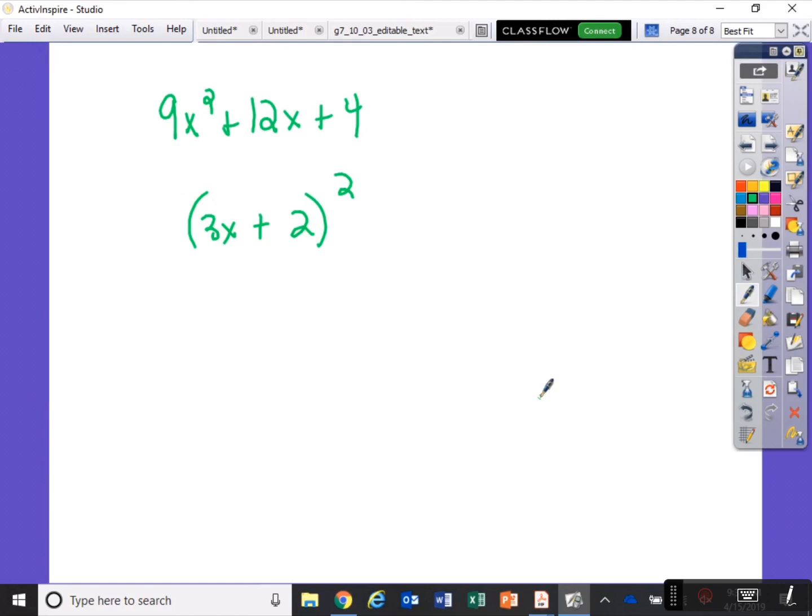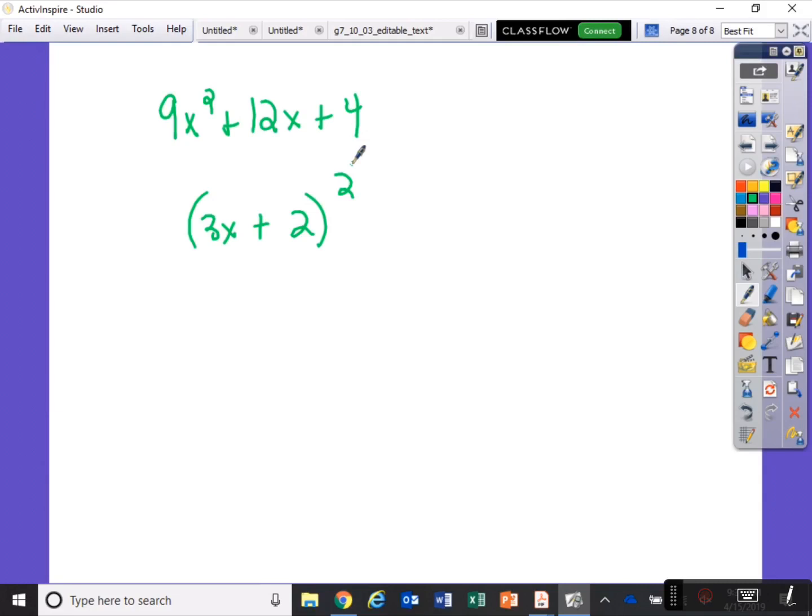Now, what I want you to recognize is that a perfect square trinomial always has to have a plus at the end. Because can we take the square root of a negative number? No, because nothing times itself ever equals a negative, does it? 2 times 2 is 4. Negative 2 times negative 2 is positive 4.